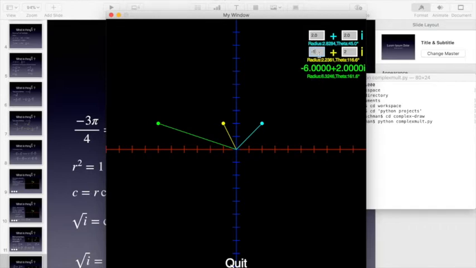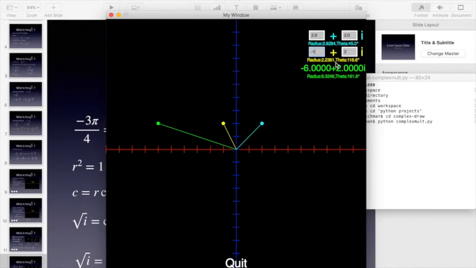This one is going to be, let's see, 1 squared is 1, 2 squared is 4, 1 plus 4 is 5, square root. The square root of 5, right?